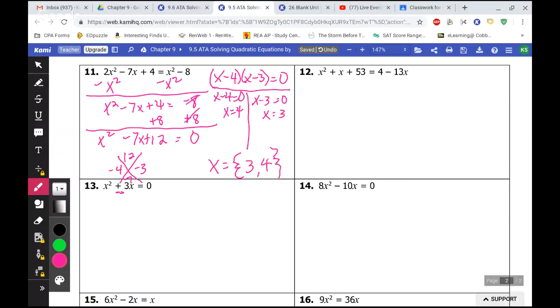Anybody tell me? 1? No. Wait. Is it 1 or is it 0? Well, 1 is a factor, but there's another one. Remember, factors can be variables. Oh, x. Yes. So if I factor out an x, what am I going to have left?